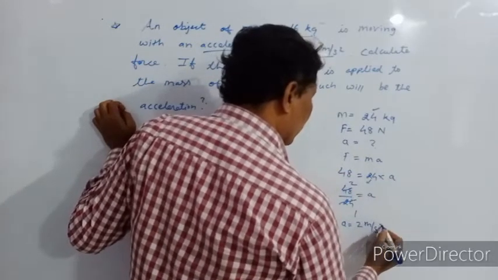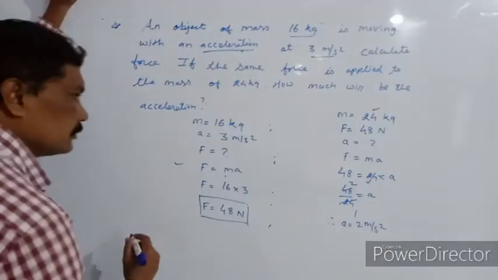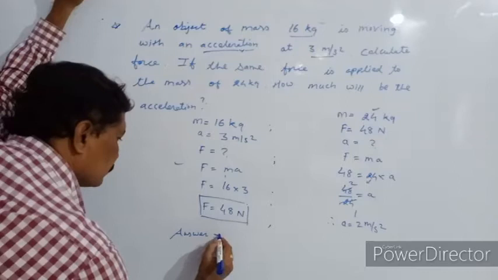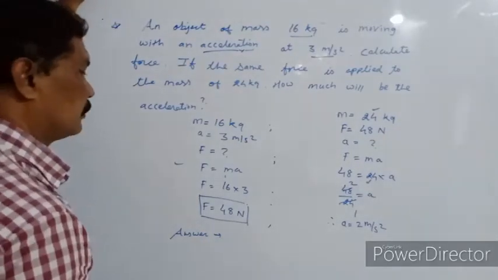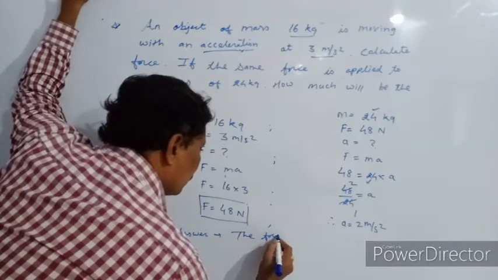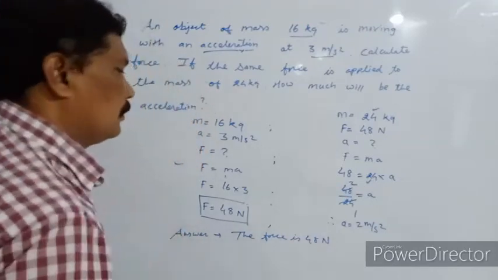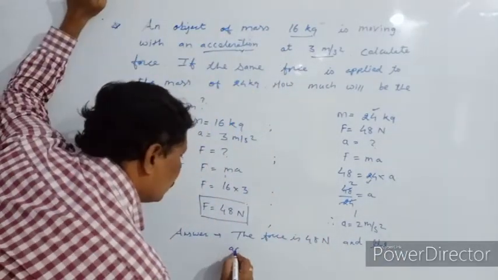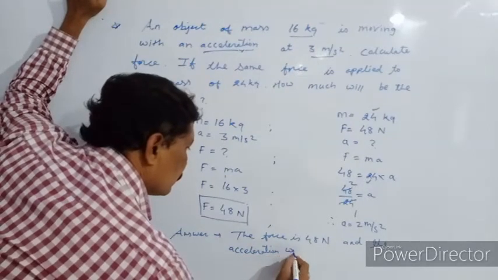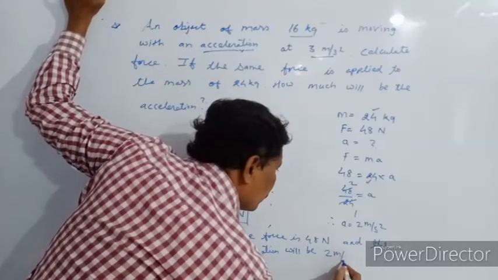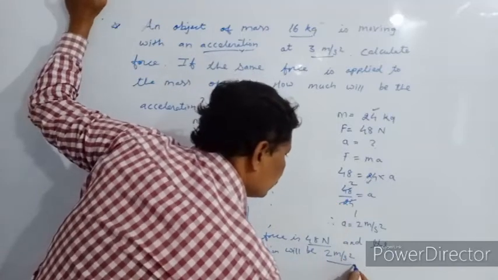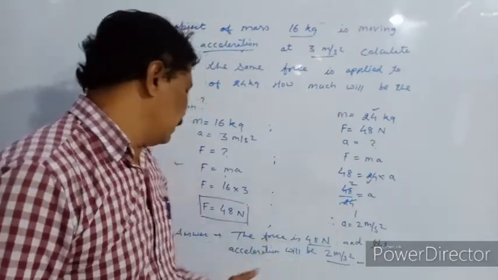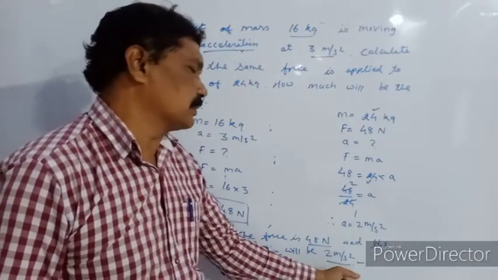Unit: meter per second square. The force will be 48 Newton and the acceleration will be 2 meter per second square.